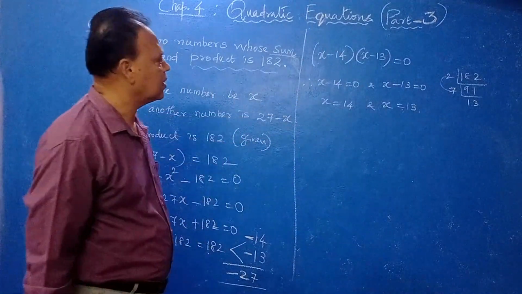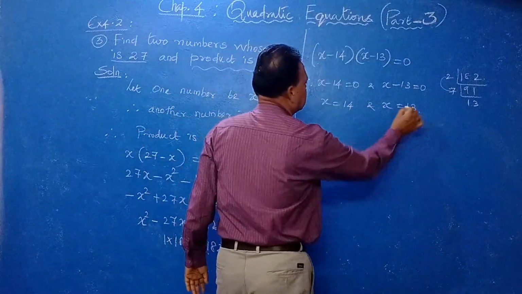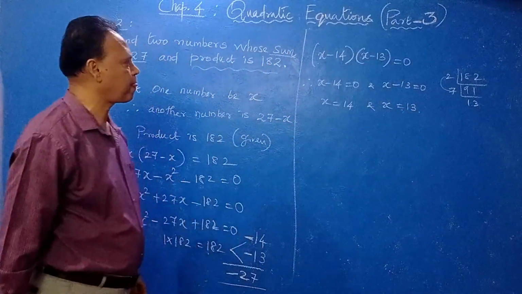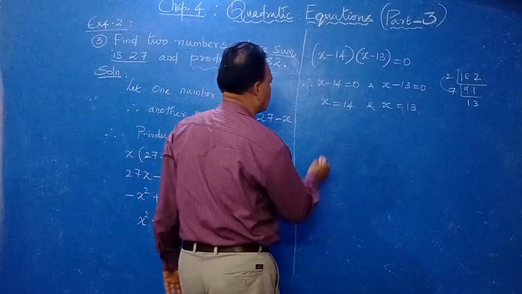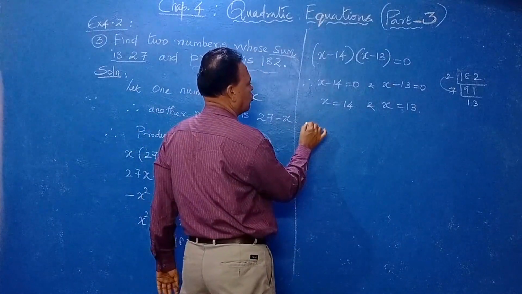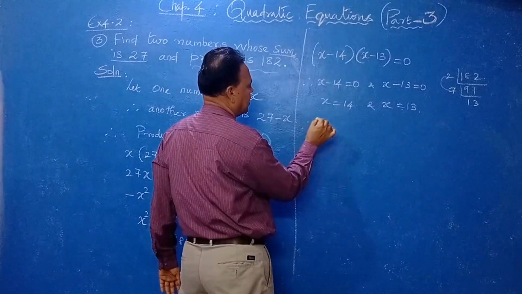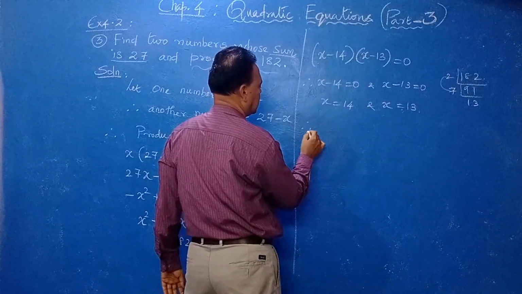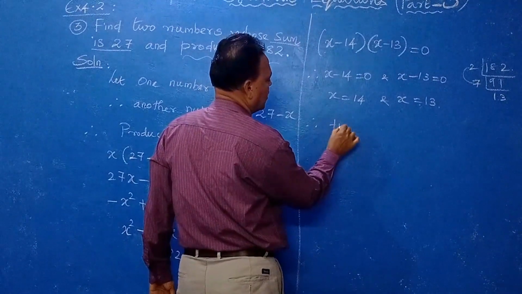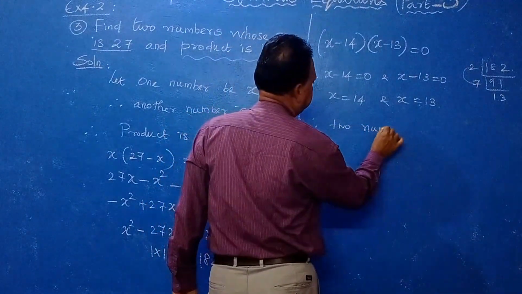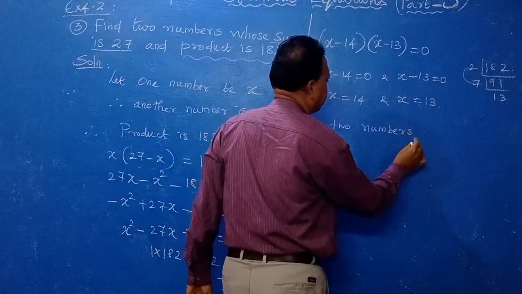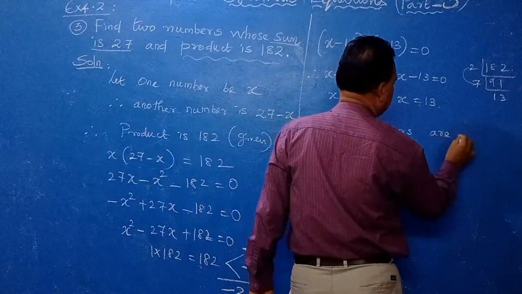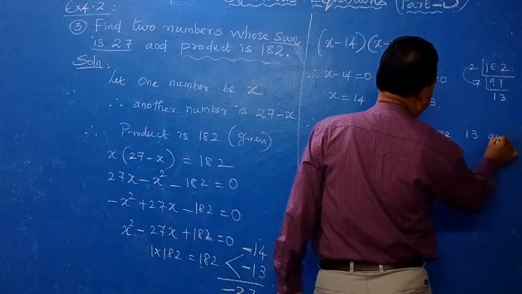Both the values here are satisfied. Therefore, the two numbers are 13 and 14.